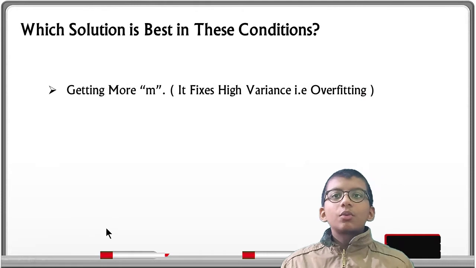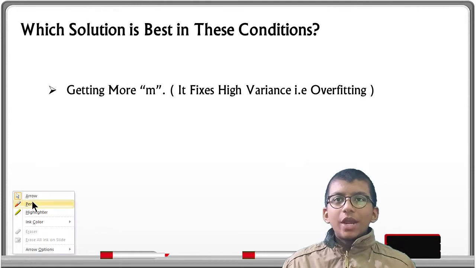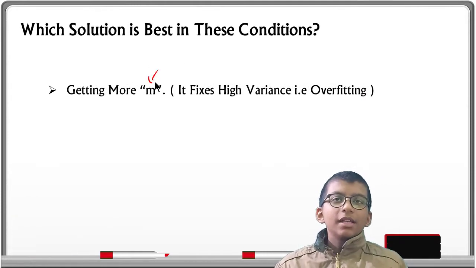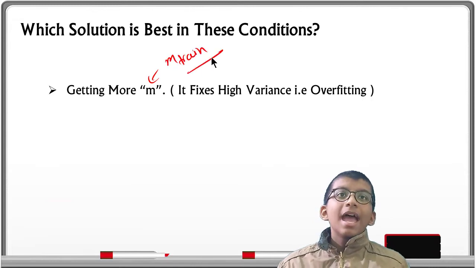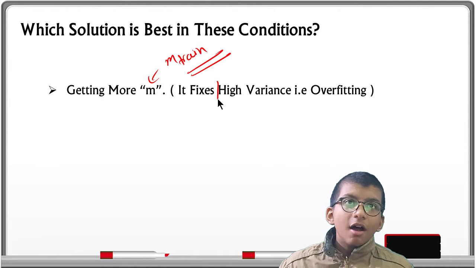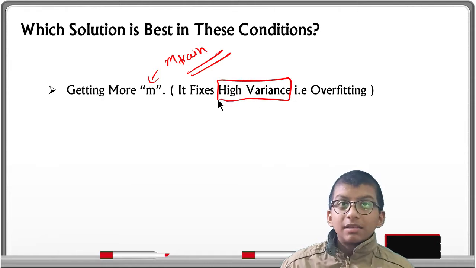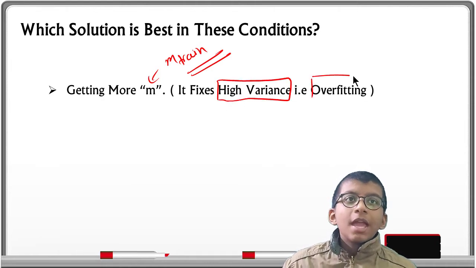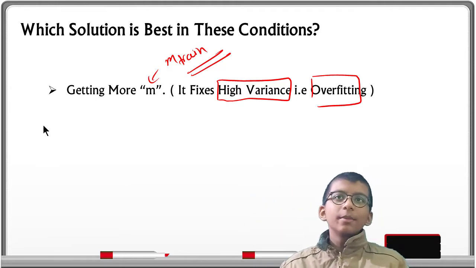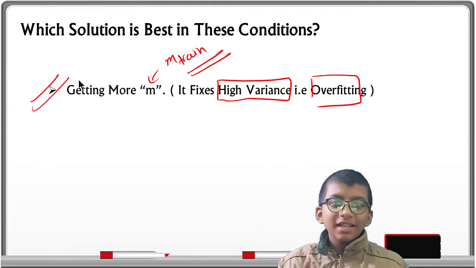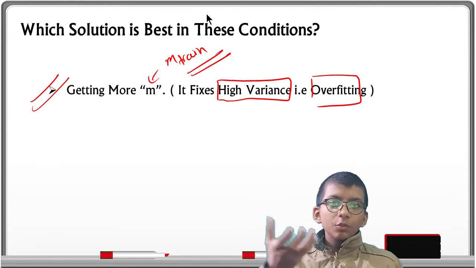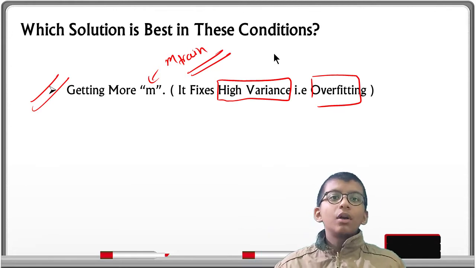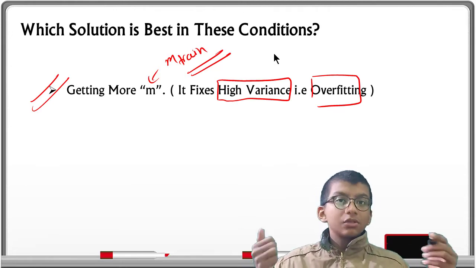We talked about getting more training examples. Here m is the number of training examples. It fixes high variance, which means overfitting. If we get more training examples, it fixes our overfitting if our model is overfitting.